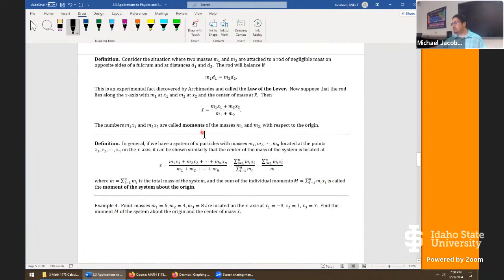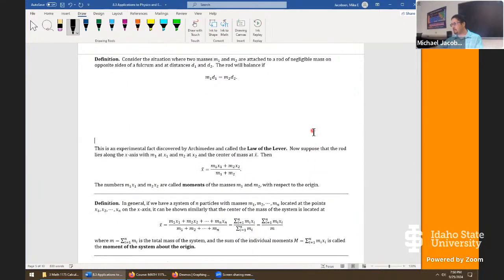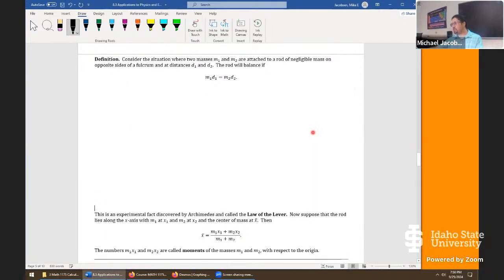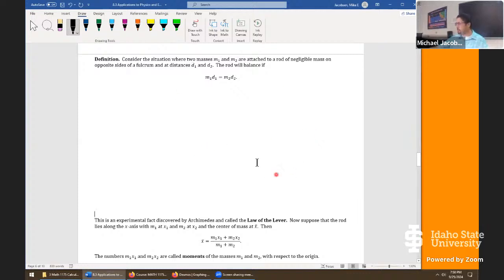So here's our next set of discussions. Looks like a wall of text, so let's put in a little bit of space here. So let's focus on this end of the notes for the moment. Sorry, I should have put in the space when I put it in the notes originally. So when it comes to centers of mass, what we'd like to start by using is the so-called law of the lever.